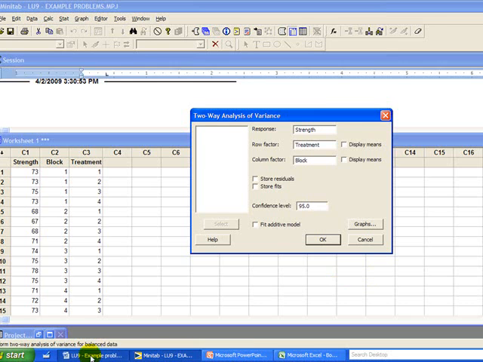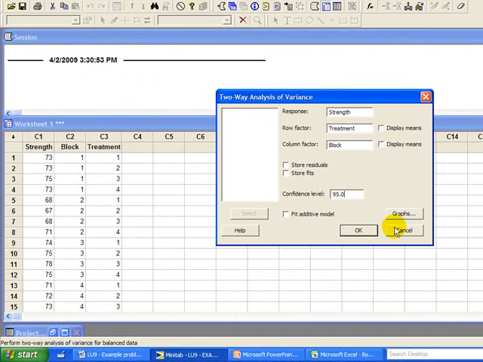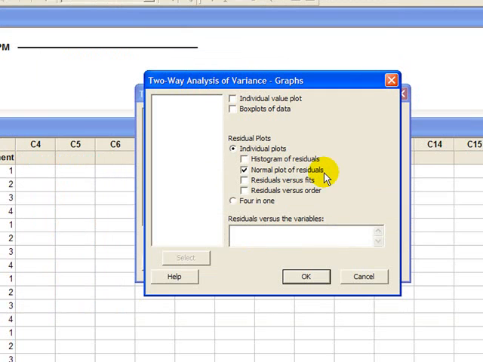And in this question, even though they did not ask us to draw the graphs, in your homework question you are supposed to draw some graphs. So I will also show you the different graphs here. So let's go to graphs. We can plot normal plot of residuals. I think this is one of the questions that I asked in your homework. And we can plot some other graphs here, but I'm not interested in them. Now I want to plot the graph of residuals versus the variables, right?